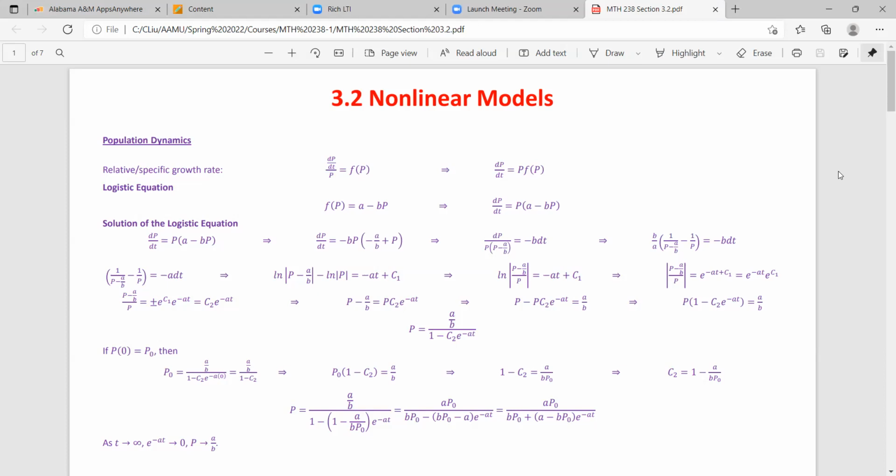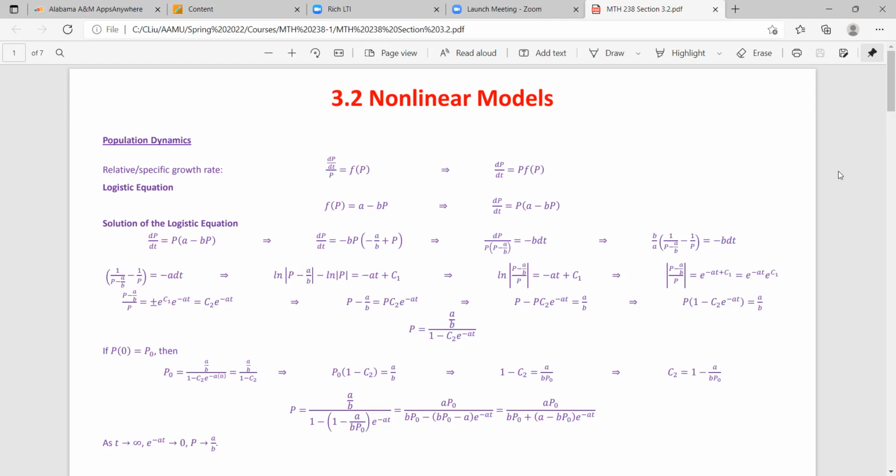We talk about population, isotope decays, circuits, mixture problems, and all types of problems. But most of the time, the problem would be nonlinear instead of linear.